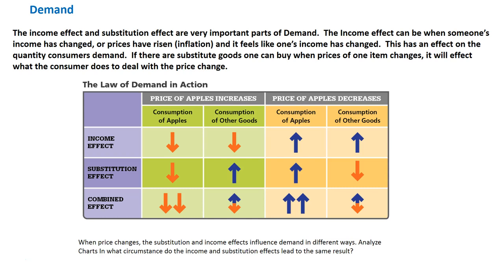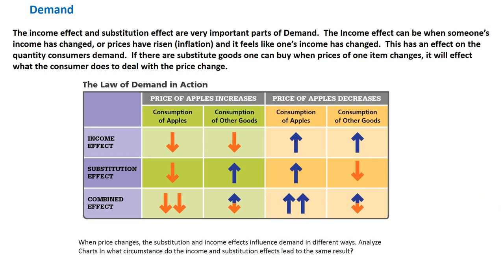Maybe oranges are cheaper that week or something, and you substitute it for that. You'll see that the consumption of other goods goes up, and you can see the blue arrow there. And then the combined effect, if both things are happening simultaneously, it's just a combination of these two. And same thing for a decrease. And so you can look at those and kind of get an idea of how will people react.